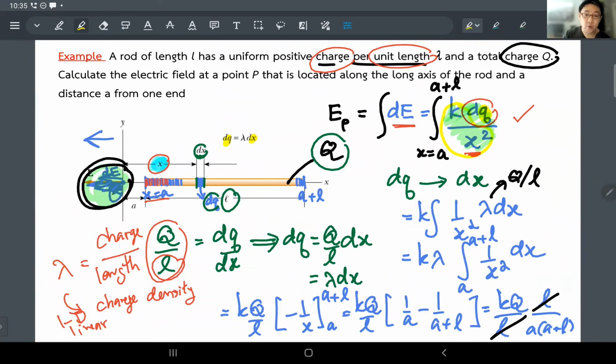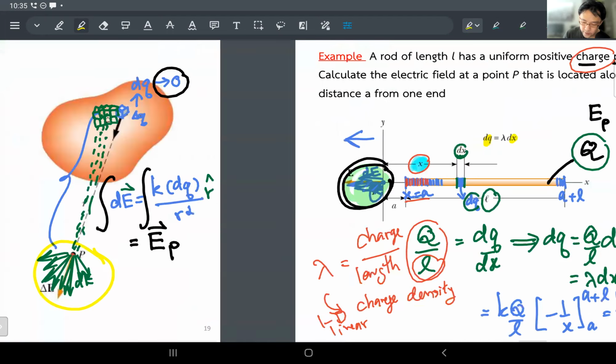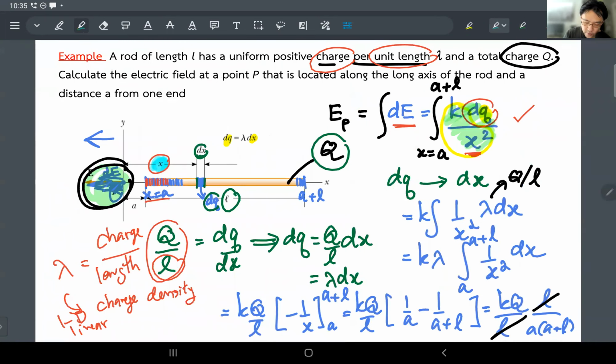You can do this bridging by going through the density lambda, the charge per unit length. The whole rod has charge per unit length equal to lambda. Even when you slice a tiny piece of it, that ratio stays the same.